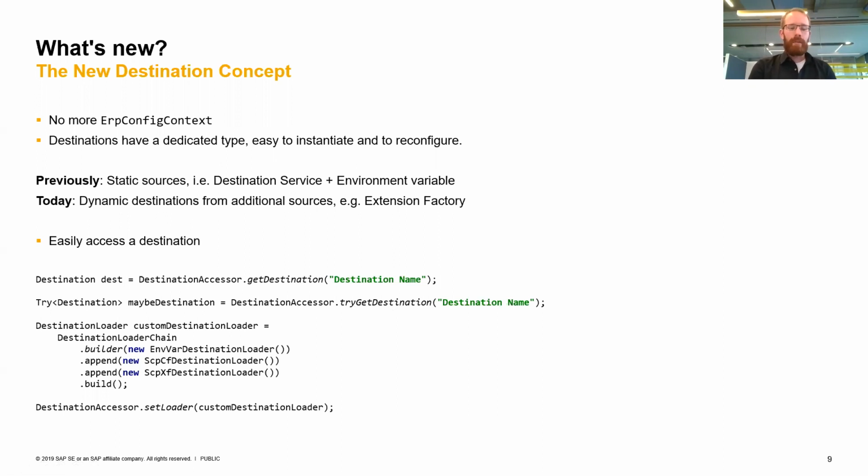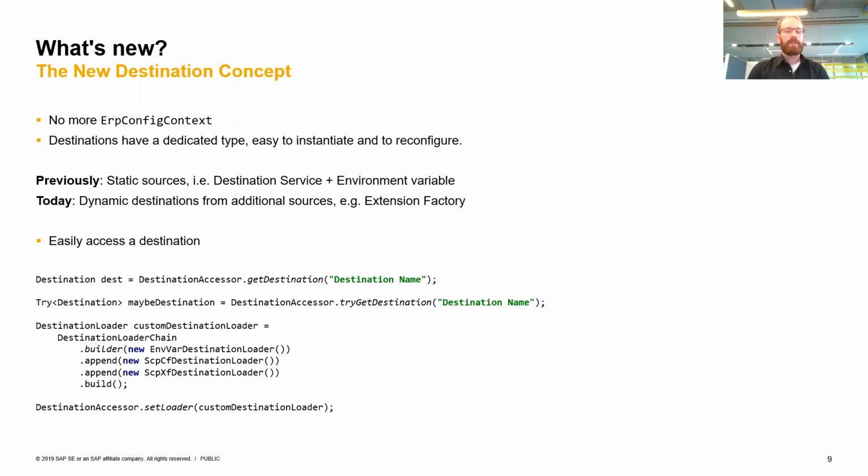But you can then, on this maybe destination, as I called it here, verify whether it's a success or not, and depending on this, handle the exception as you see fit. Or if you still want to throw an exception, just call .get on it, and you will throw the exception that it might contain. So that's the usual direct approach using the fallback mechanism we described before.